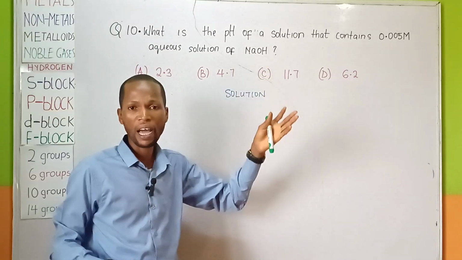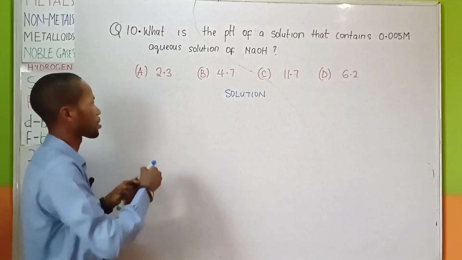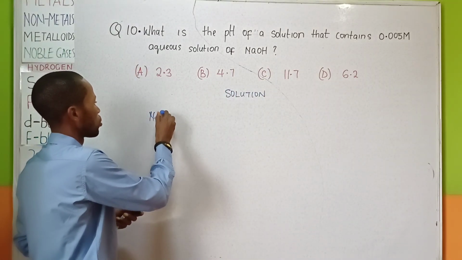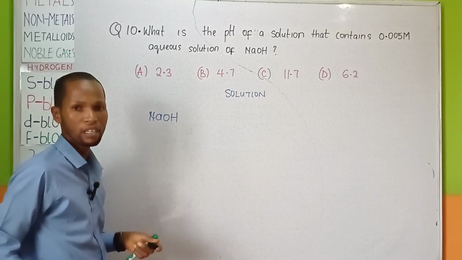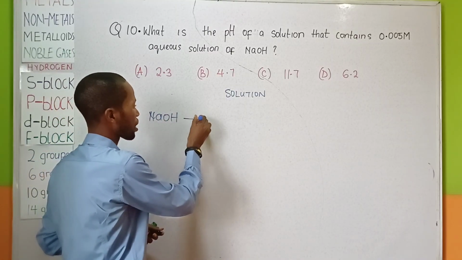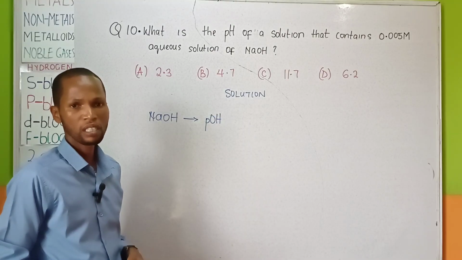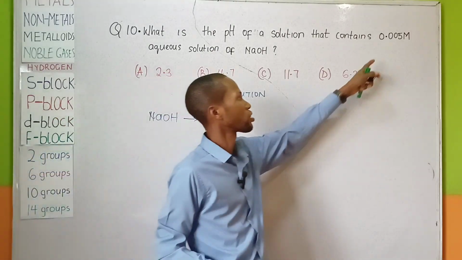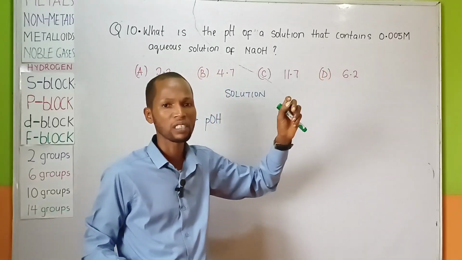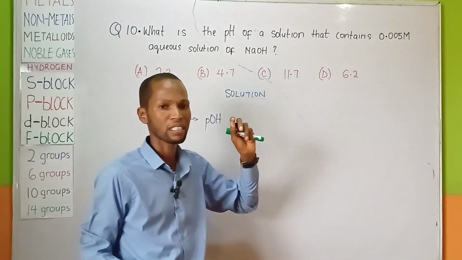Okay, in an instance whereby you are given a base, just like the sodium hydroxide, which is a base, that shows that before you can get the pH, you have to determine what? The pOH. Is that taken? Because the concentration given right here is for the base and not for an acid.